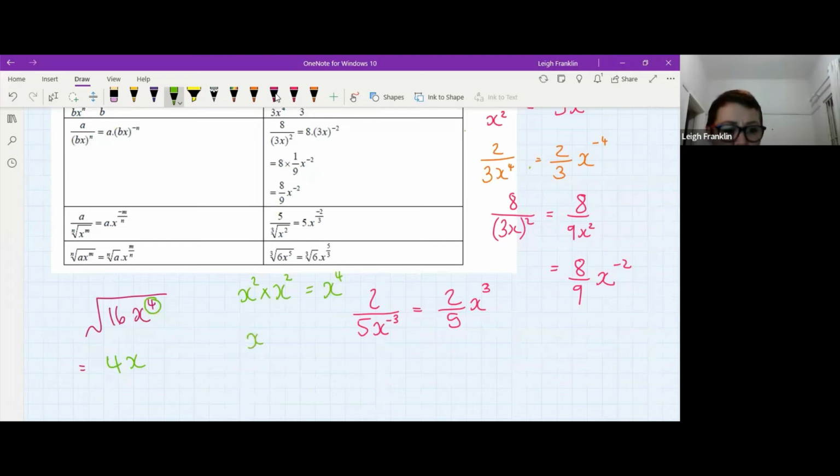So if I take the square root of x to the power of 4, I get that. What I'm essentially doing to my exponent here, matrix, is dividing it by 2. That's where this 2 comes from, because 4 divided by 2 gives me 2. All right, so this would be 4x to the power of 2. And that's because 4x to the power of 2 multiplied by 4x to the power of 2 gives me 16x to the power of 4. All good.